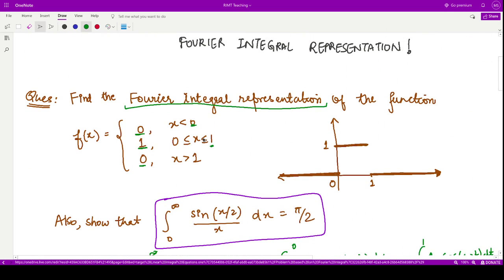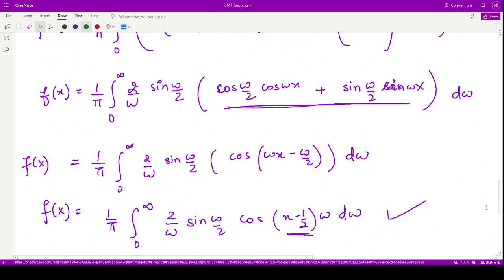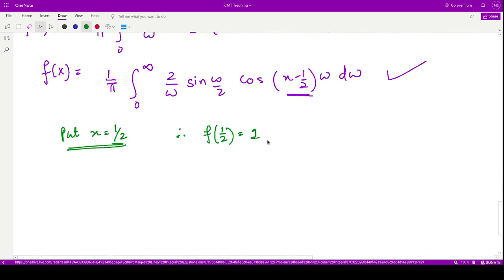The function value at 1 by 2 lies within these limits 0 to 1. So the function's value is equal to 1 here. So I can substitute all these values in the given equation. So I have the value of f of x as 1.